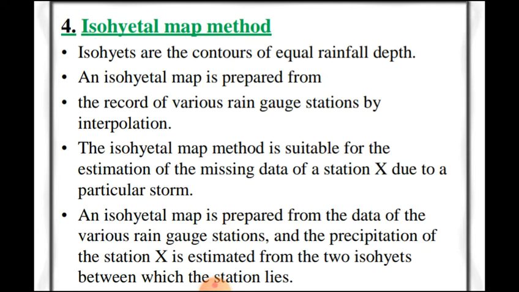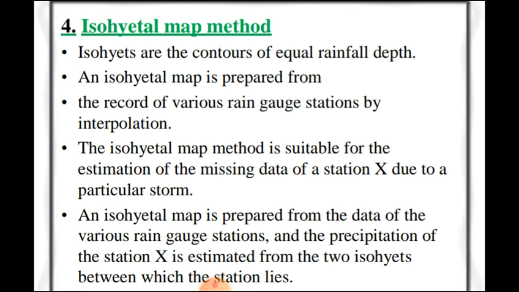If we have precipitation at all these stations, looking at those values, we can draw isohyetal lines. For example, one rain gauge reads 8 millimeters, and we join all the 8 millimeter points at the same precipitation, and similarly 10 and 12 millimeters. Just draw that and join those lines to draw the isohyets.